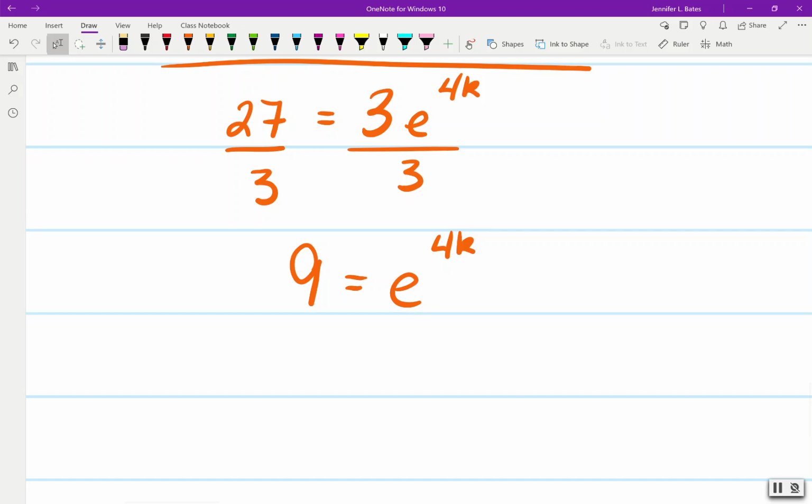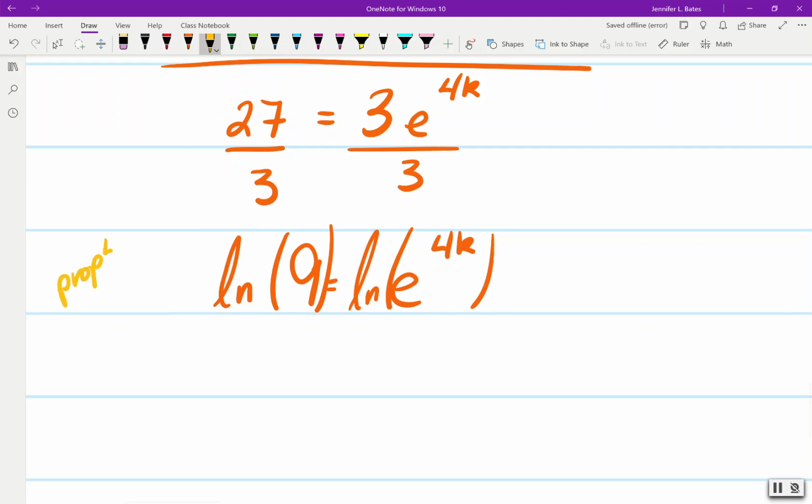Because 9, let's think about this. 9 is a base and e is a base. Can 9 and e break into the same thing? No, so what we want to do is just get rid of the e. So we're going to take the natural log of both sides. The reason why is property 4 says natural log and e are going to get rid of each other.